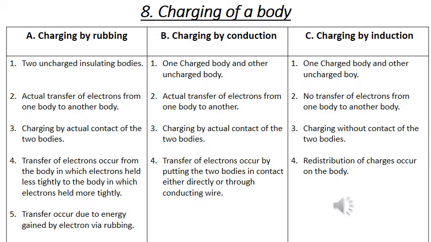By earthing the rear end of the uncharged polarized body, keeping the charged body near it, the rear charges neutralize due to earthing. After removing earthing and then the charged body, the polarized body will get oppositely charged, and hence redistribution of charges occurs on the uncharged body.